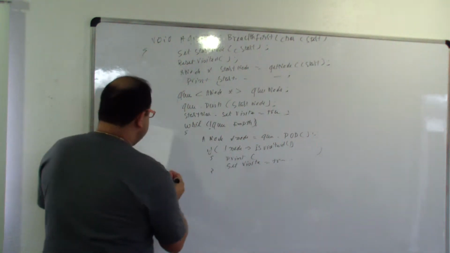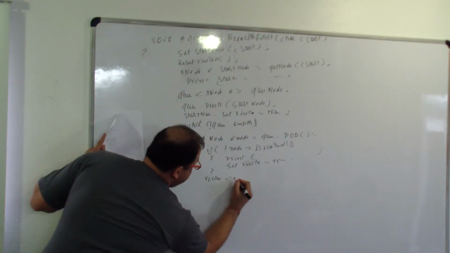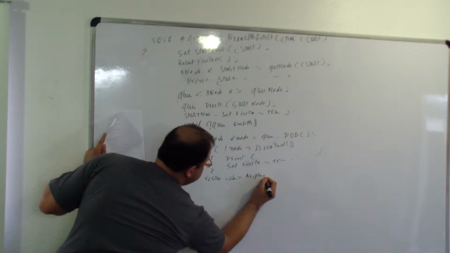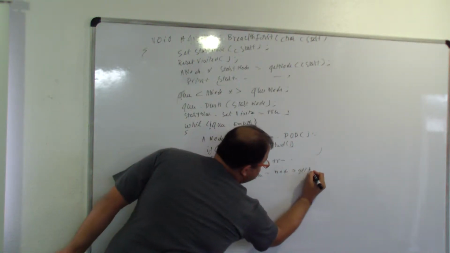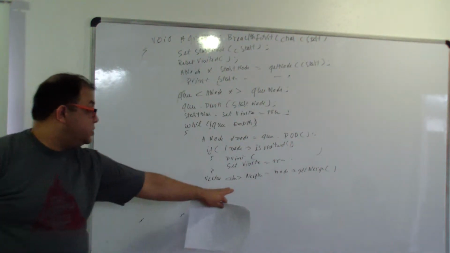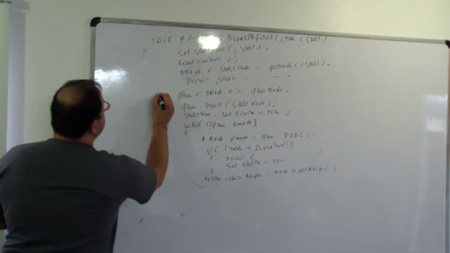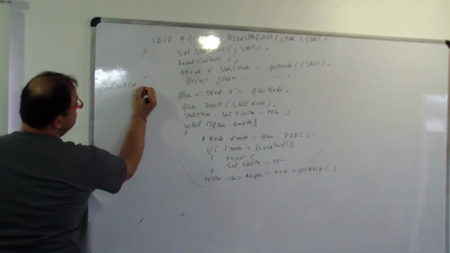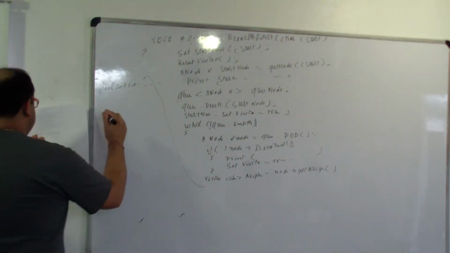Then we'll have a vector of characters neighbors is equal to node arrow get neighbors. So we'll get all the neighbors for this particular node, and then we will write a for loop for integer i is equal to 0, i less than neighbors dot size.